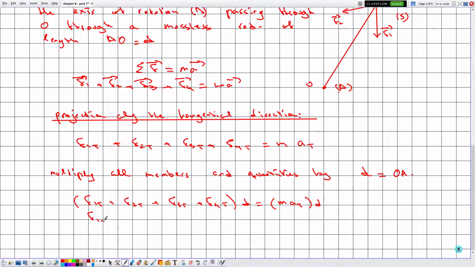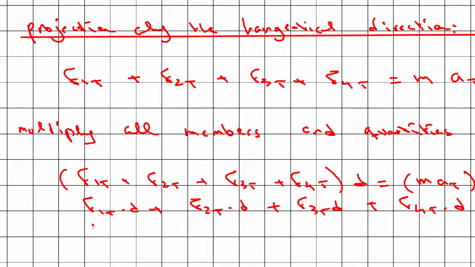Then this is given by F1 tangential multiplied by D plus F2 tangential multiplied by D plus F3 tangential multiplied by D plus F4 tangential multiplied by D, which is equal to MA tangential multiplied by D. Now what does this term represent?